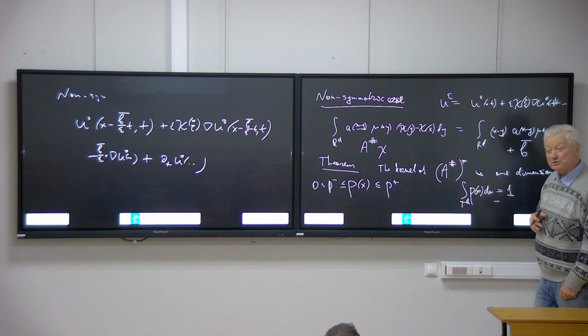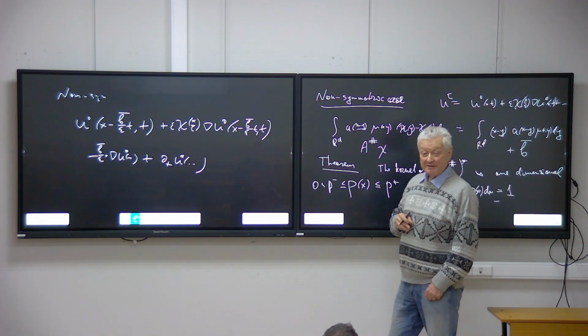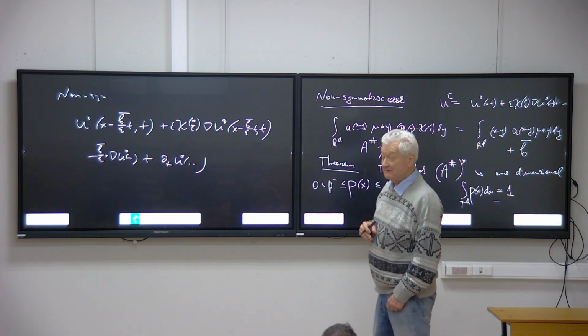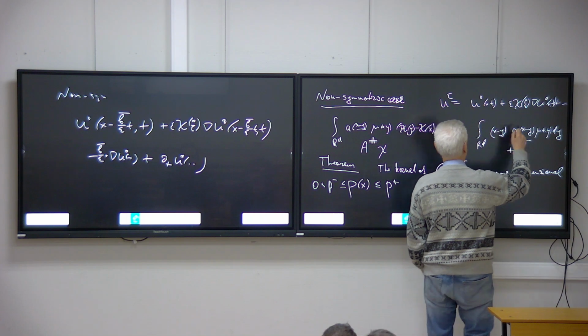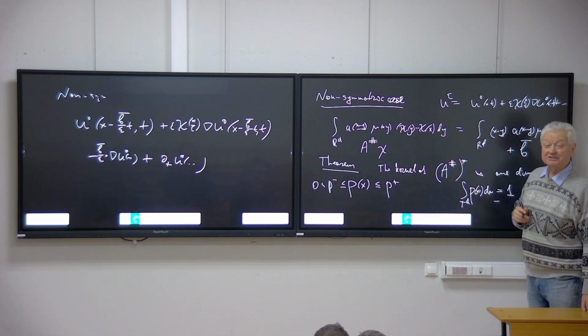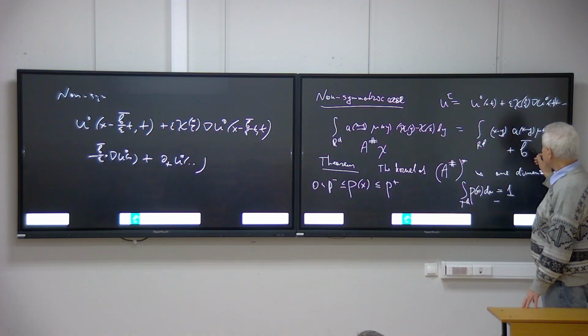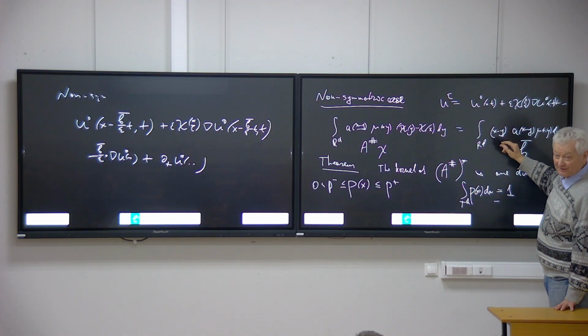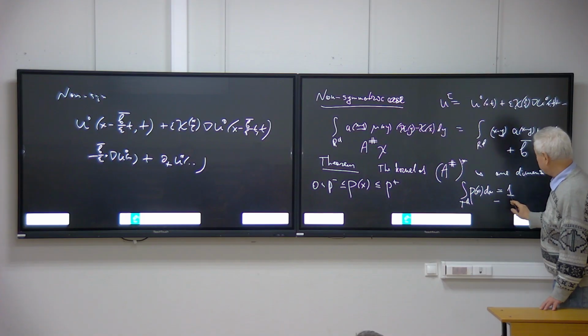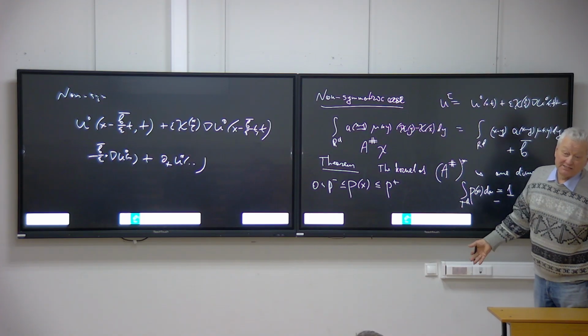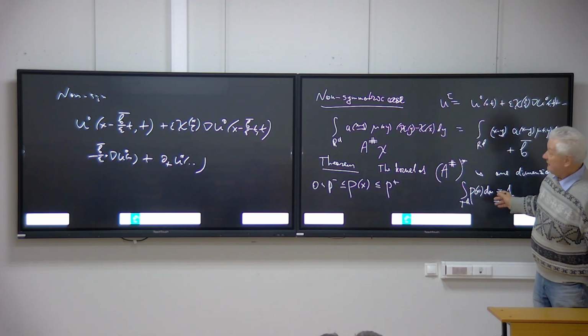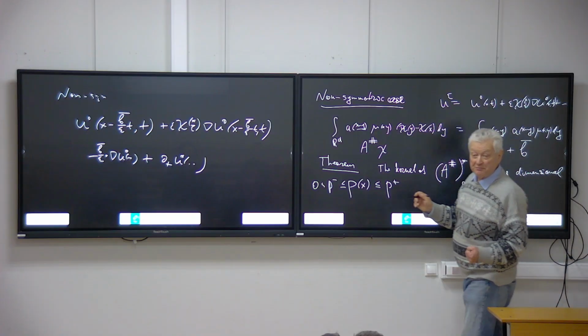And now we want to choose b bar in such a way that for the new equation the compatibility condition is satisfied. Of course it means that we should multiply this by p of x and integrate. B bar multiplied by p of x and integrated is again b bar, because the integral of p is one. And we obtain a nice formula for b bar.